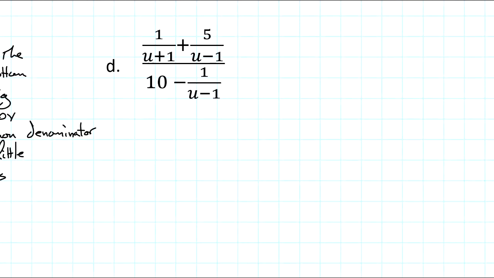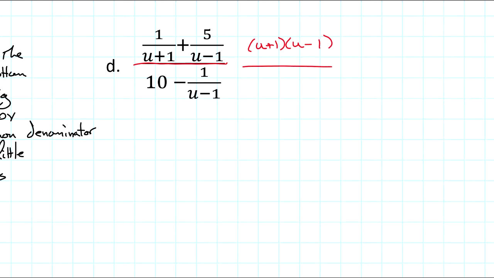Here we have 1 over u plus 1 plus 5 over u minus 1 all over, there's our big fraction bar, 10 minus 1 over u minus 1. So my common denominator is going to be u plus 1 times u minus 1.